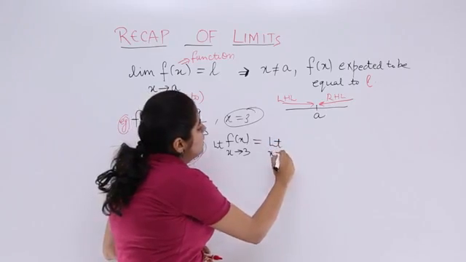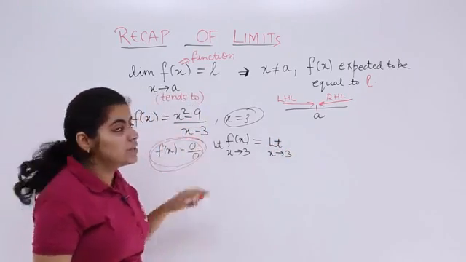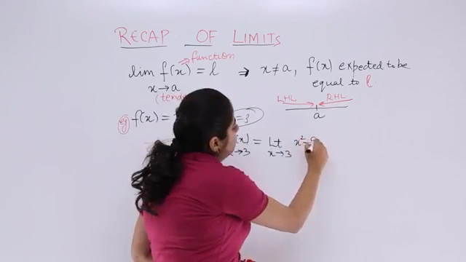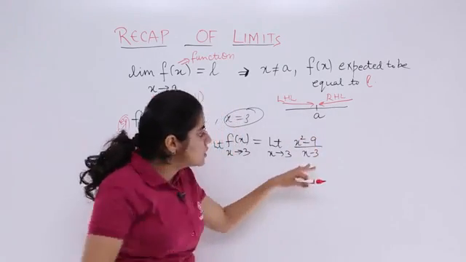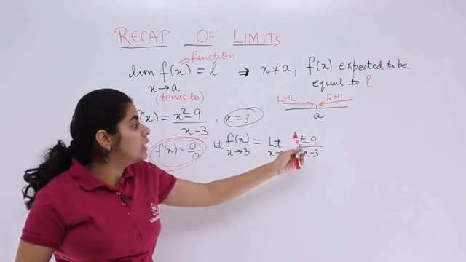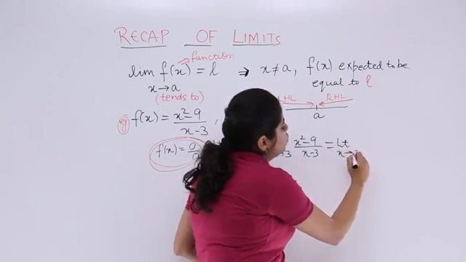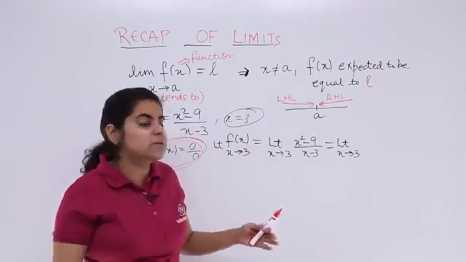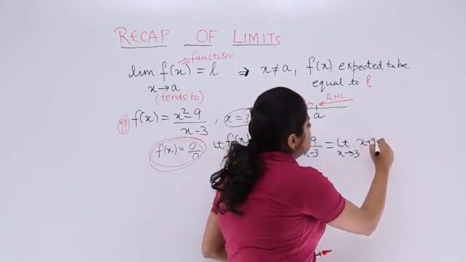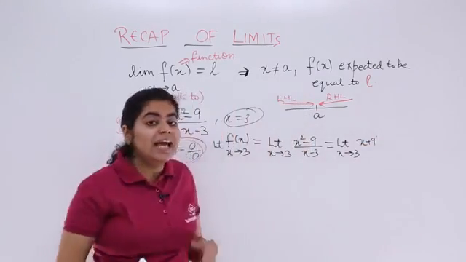It is limit x tends to 3 of (x square minus 9) upon (x minus 3). For the solution, you factorize the numerator. x square minus 9 can be split as (x plus 3) and (x minus 3).